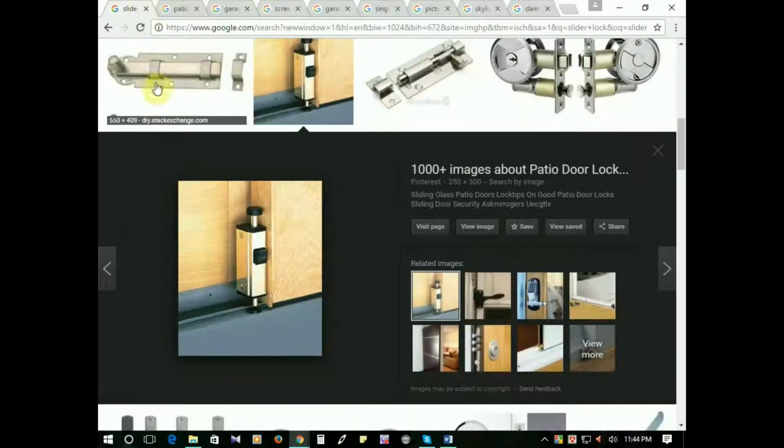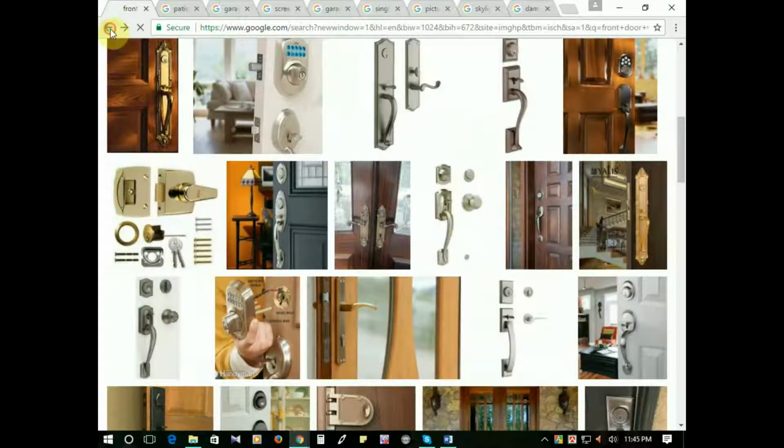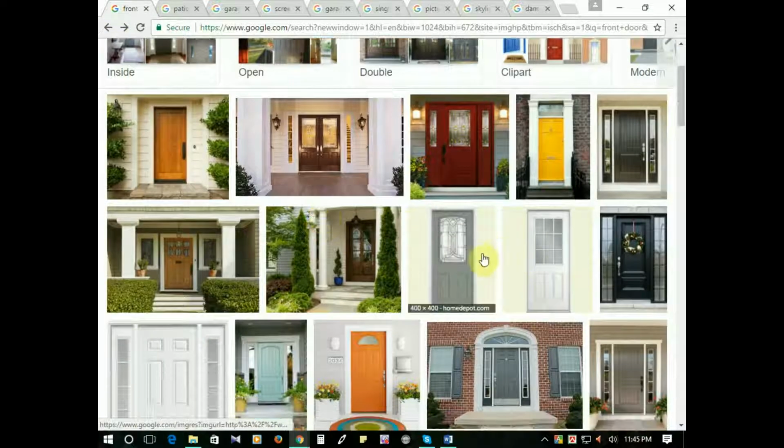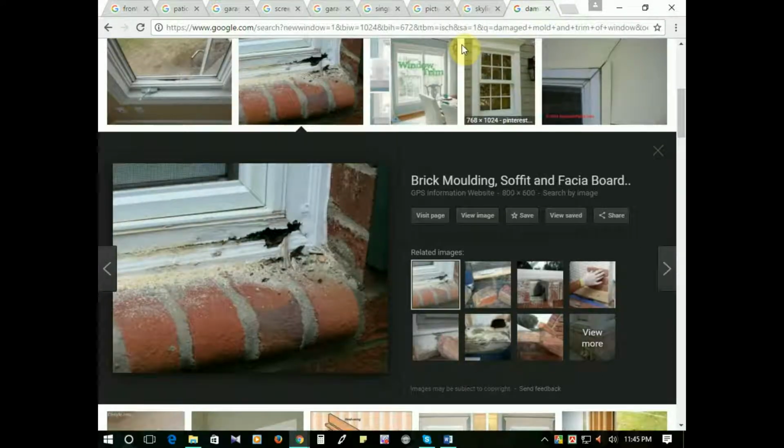For doors, this will be the mold and trim, basically the frame. And if these things are damaged, as you can see in the picture, we have to provide a bid to install or repair the trimming.